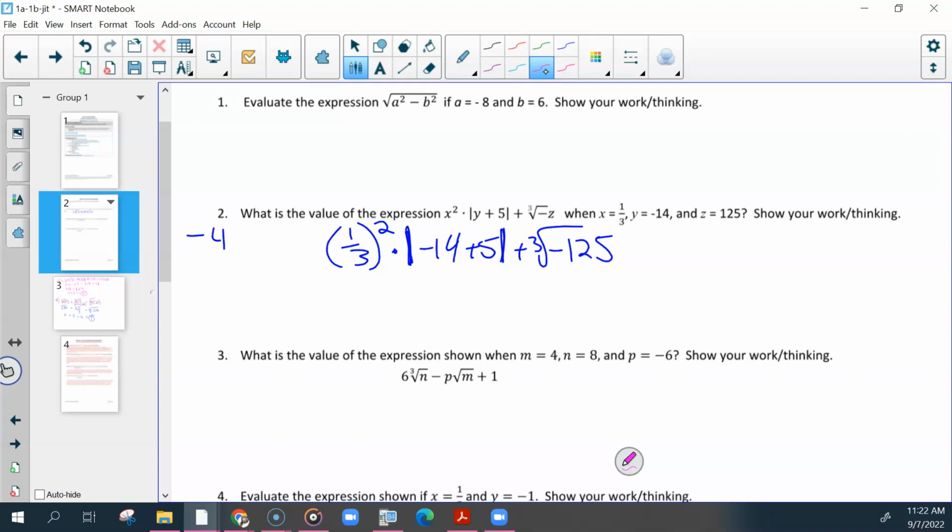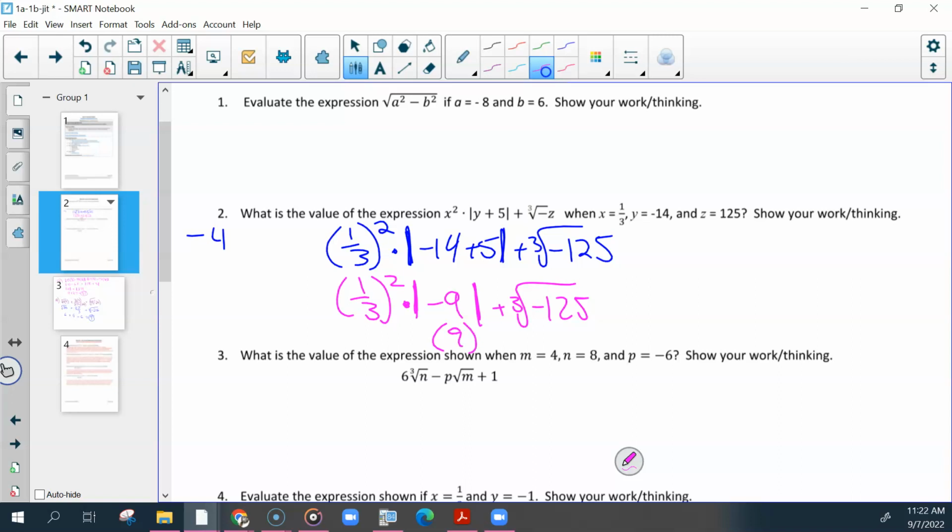Doing our grouping first, we have our absolute value, so do what's in there first. So this would give us -9. And then there's nothing else left for us to do except make it positive. So we can drop the absolute value and make this positive.